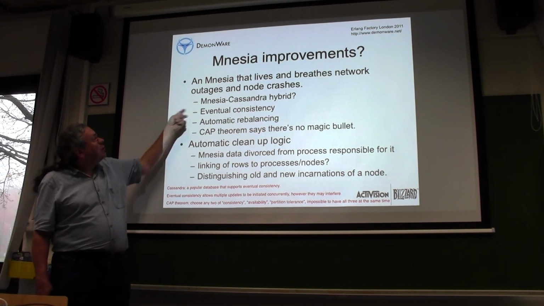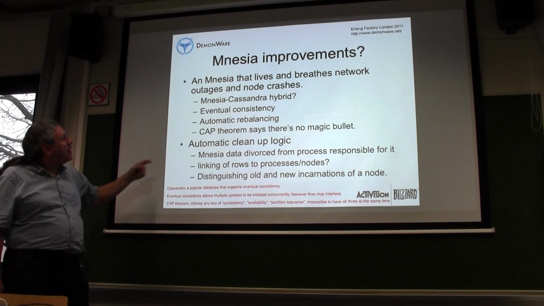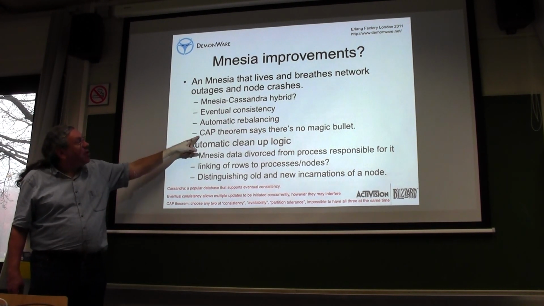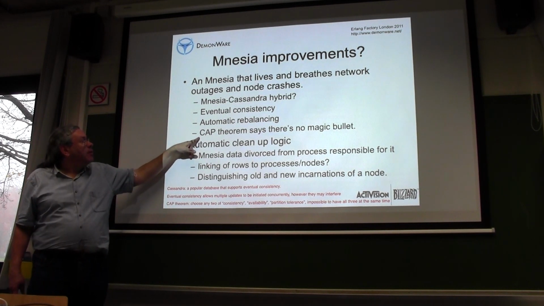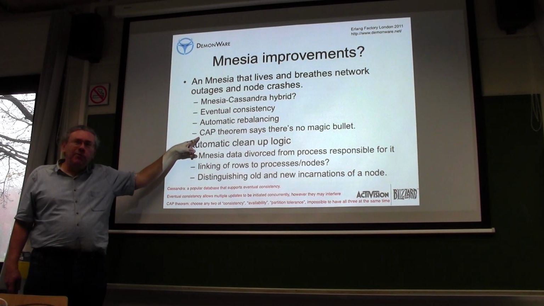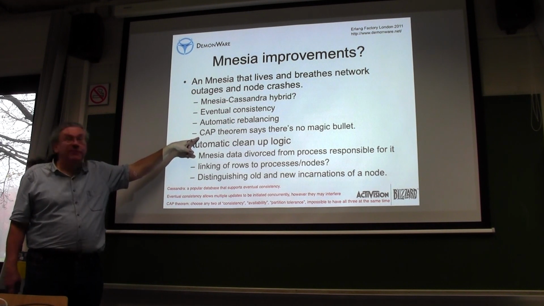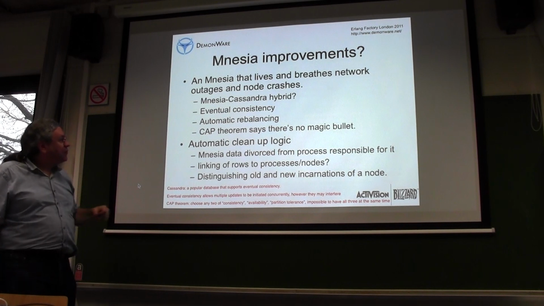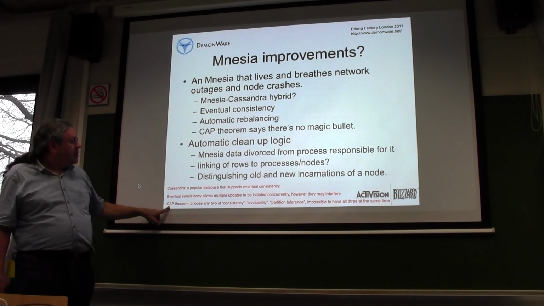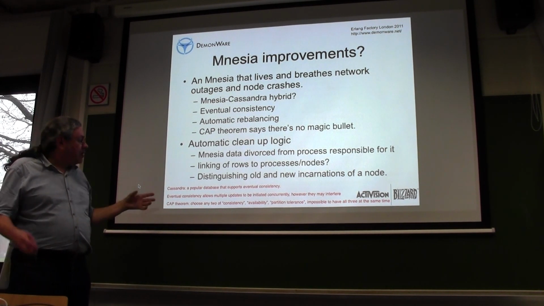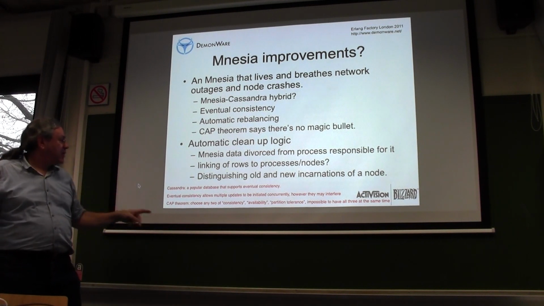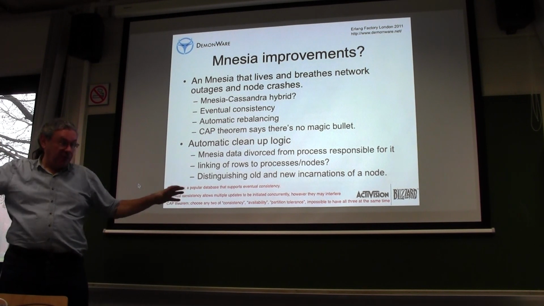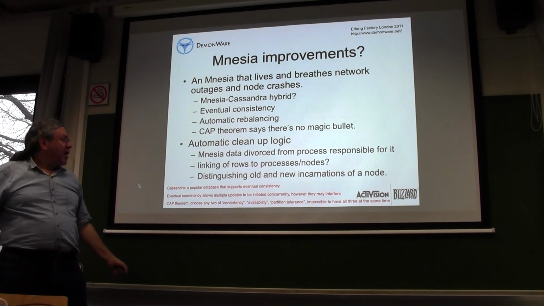So they want eventual consistency and automatic rebalancing, and then they understand there's something called the CAP theorem, which maybe you have not heard of. Has anyone heard of the CAP theorem? No? The CAP theorem is a very important result in distributed systems, that there are 3 properties that you want. Consistency, that all your data is consistent with each other in a big distributed system.